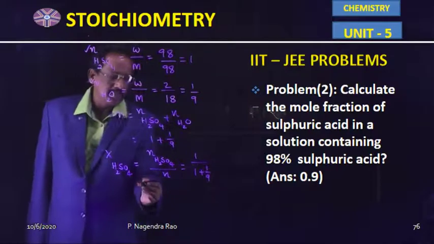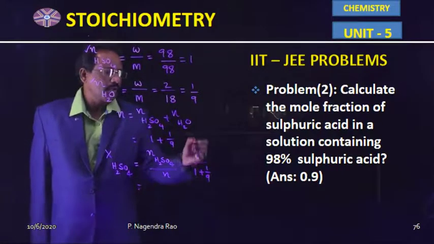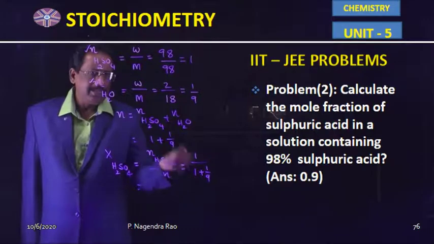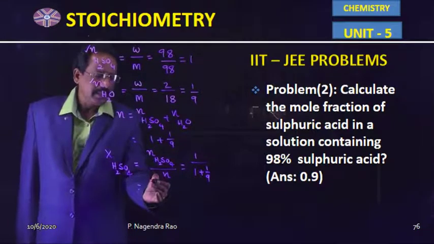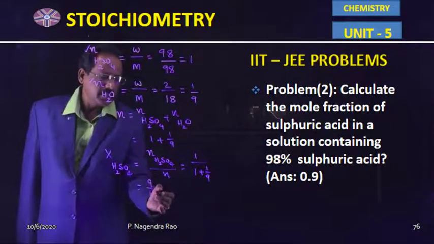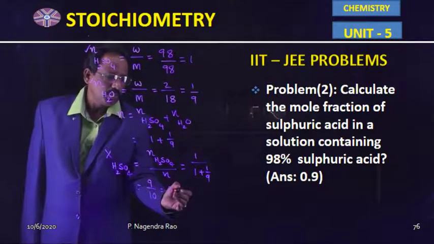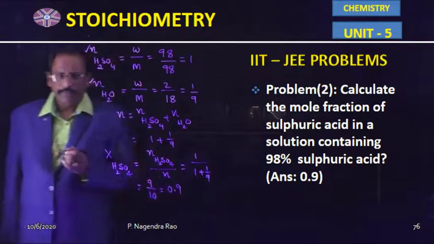So this is equal to 1 divided by 10 by 9, that means 9 by 10. So this is equal to 0.9.